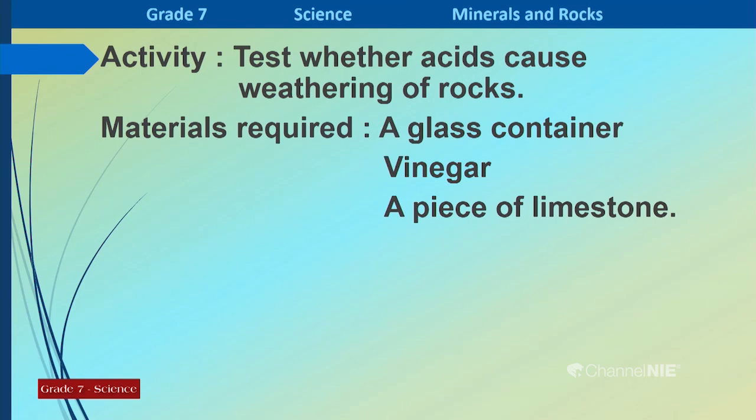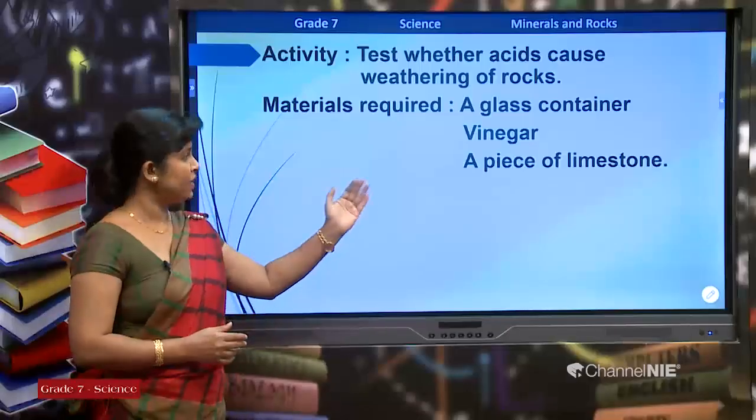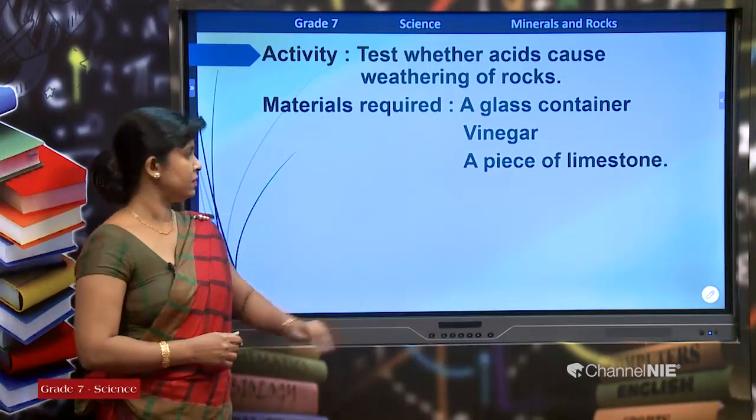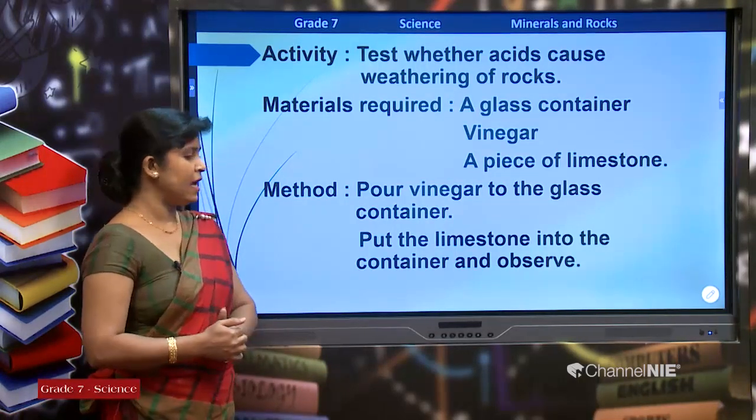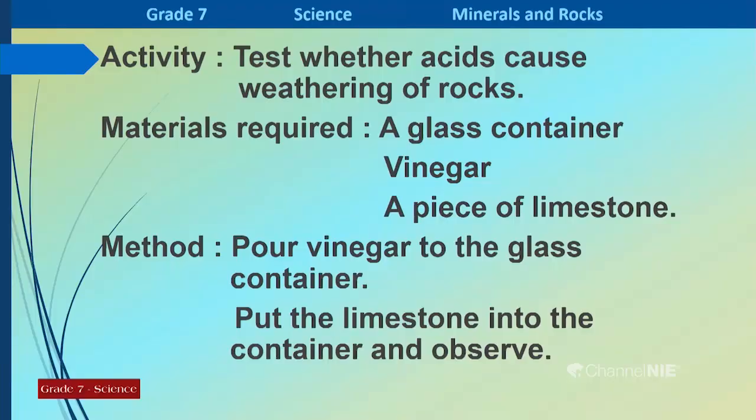Then a piece of limestone, we call that calcium carbonate. We can take a small piece of limestone. This is the method of doing the activity. Pour vinegar into the glass container and put the limestone into the container and observe. Shall we do the activity? Yes, let us do.